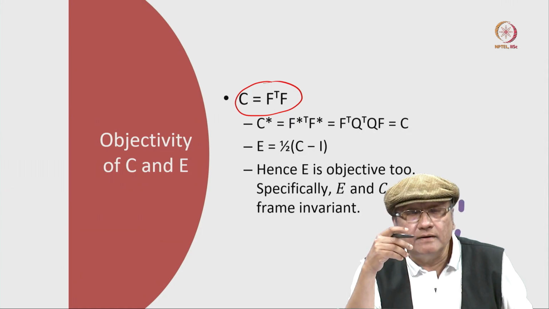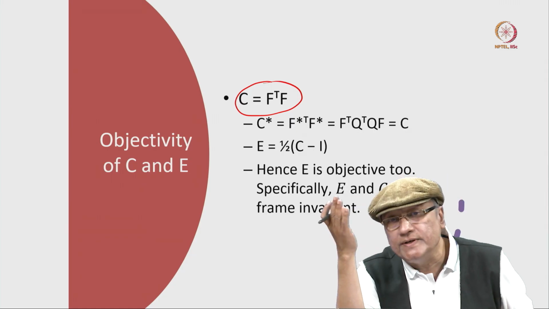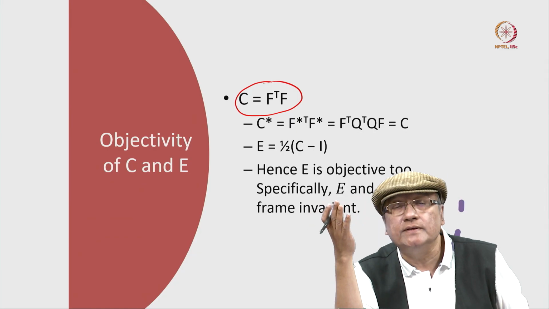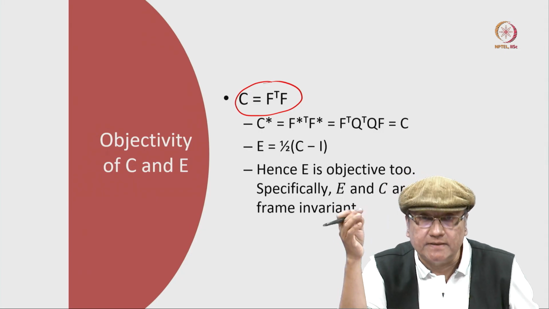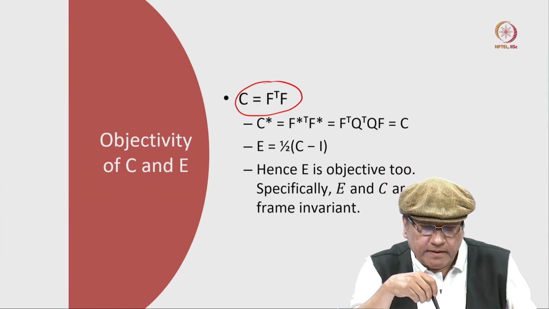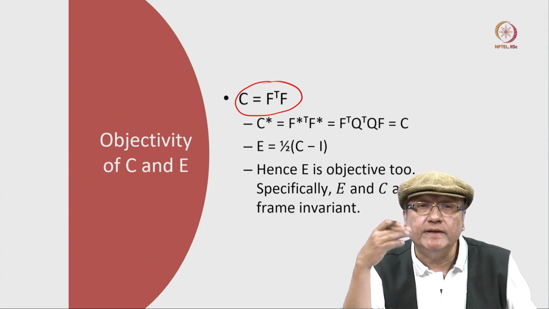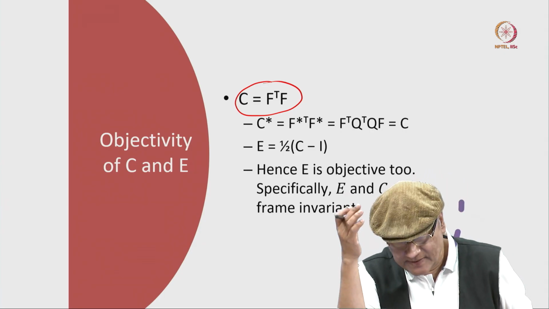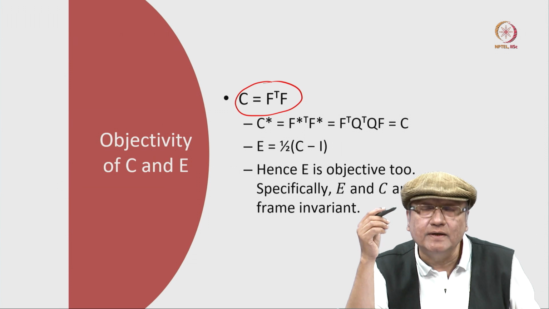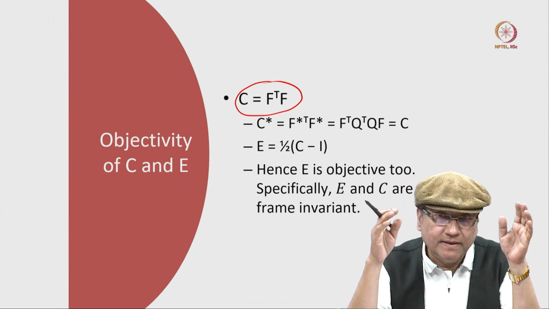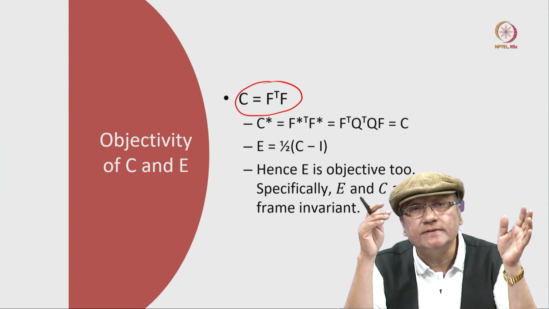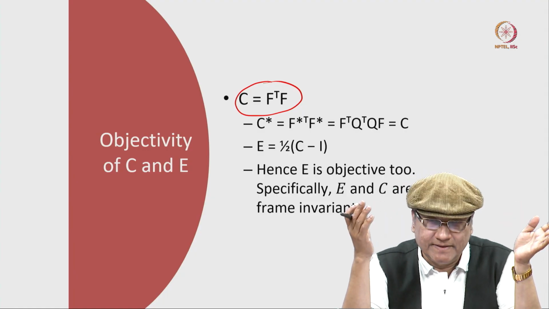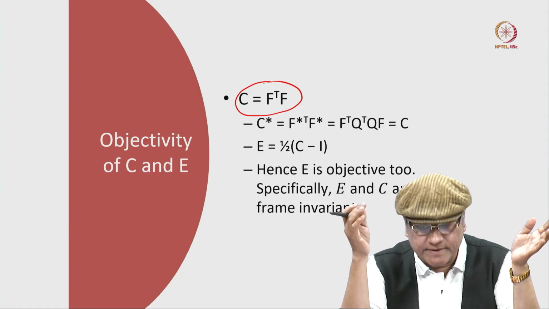So C star obviously is a purely material tensor, a purely material matrix field. That means C star can be constructed purely in terms of the coordinate capital X. It has nothing to do with small x. So it is understood, even before we do any calculations, that C star should not be affected by the spatial change of coordinates.